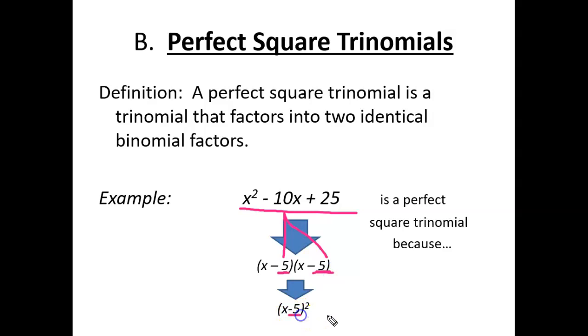And here. But also, if you multiply these two numbers together, that tells you what goes there. So, basically, a perfect square trinomial is a problem where if you take half of the middle number, which is -5, and then square it, you should get this number. And that's what a perfect square trinomial is. If it's not like that, then we're going to make it like that.